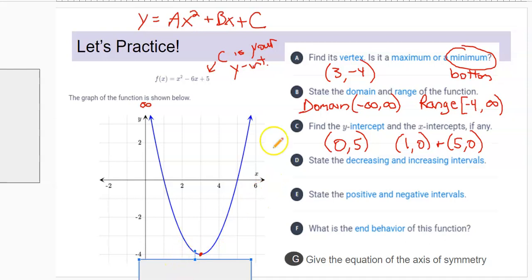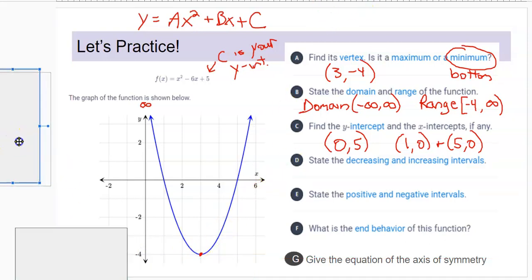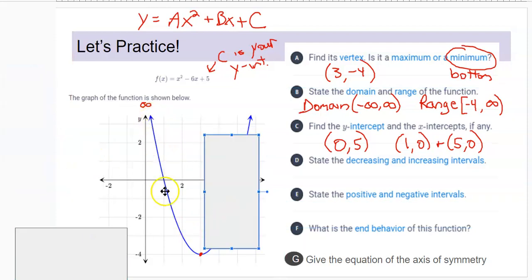The intervals of increase and decrease. It's decreasing until it gets here. Remember that we're giving x values, right? So the interval of decrease is from negative infinity until we get here, which is 3.